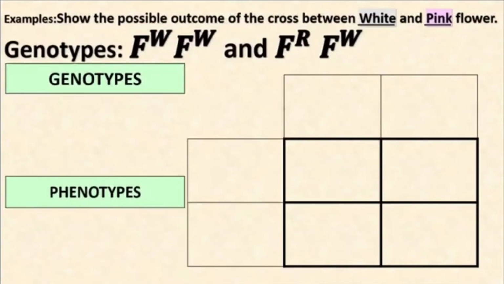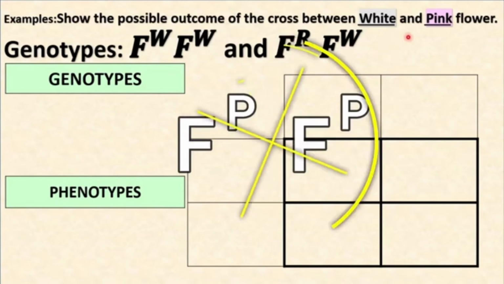Let's have another example. Show the possible outcome of the cross between white flower and pink flower. So what are our genotypes? For white flower, our genotypes are FW and FW. For pink flower, our genotypes are FR and FW, not FP and FP.